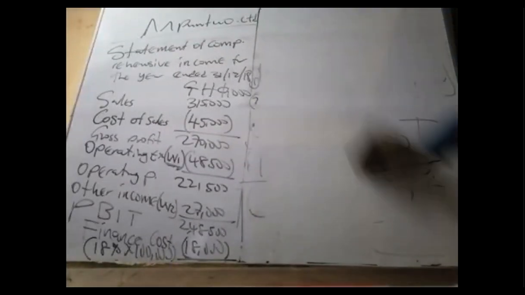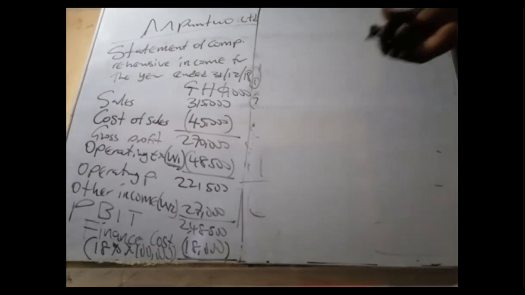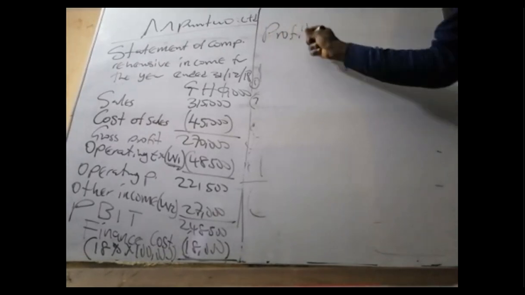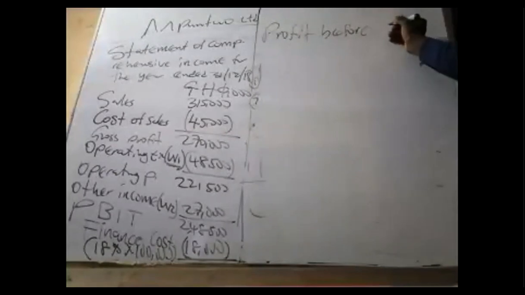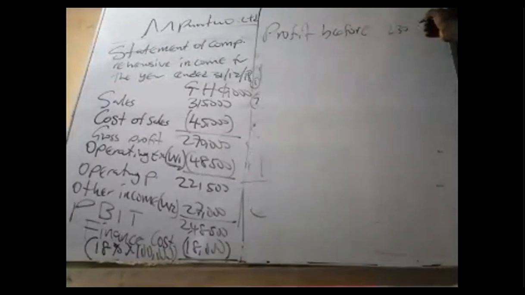So you get 230,500. So that's profit before tax. So the examiner wants profit before tax, 230,500.